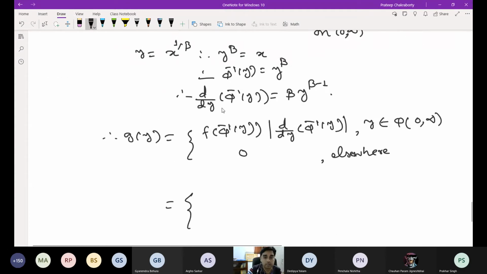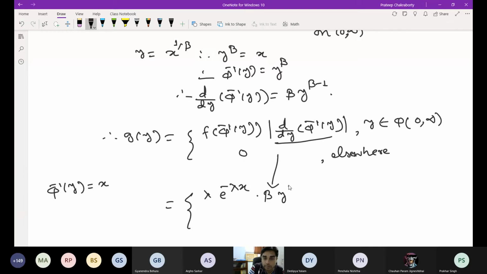Okay, so here phi inverse of y is equal to x. So lambda e power minus lambda x, and from this we will get beta y power beta minus 1 for y belongs to (0, infinity) again, and 0 elsewhere.